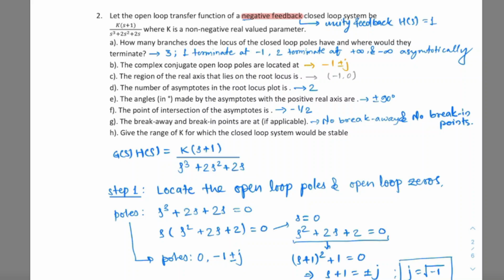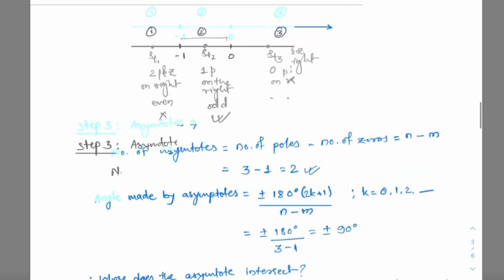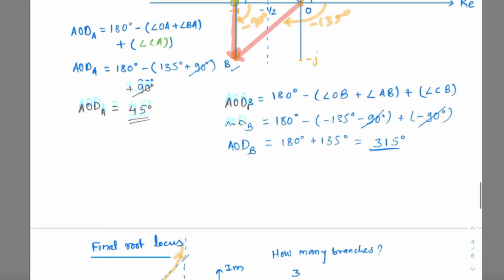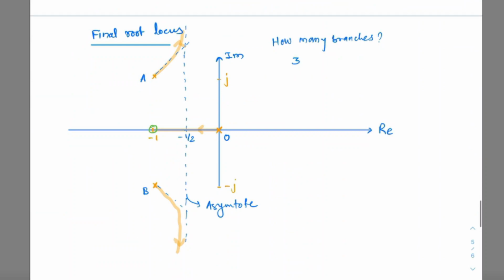Given the range, give the range for k for which the closed loop system would be stable. So what is the root locus? This root locus is telling us, if we vary the parameter k, which is greater than 0, what would happen to the roots.